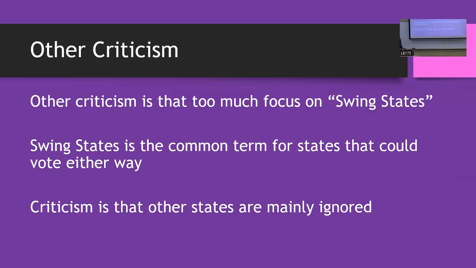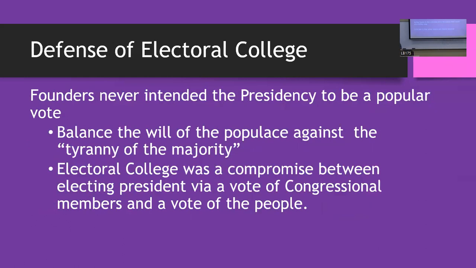And so a lot of times those states get kind of ignored, and all of the campaigning money goes into those swing states, the states that could kind of go either way, that are closer in voting, right? Now, those are some of the criticisms of the Electoral College.